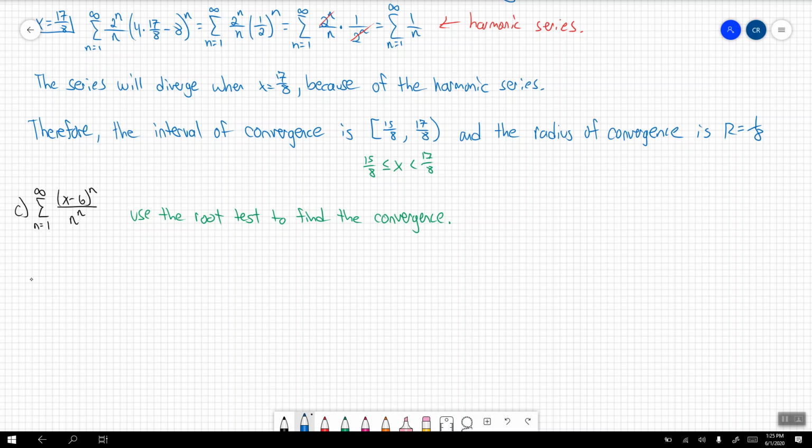So here we go. I'm going to have L. This is the limit as n tends to infinity of the nth root of the absolute value of this formula, which is (x minus 6) to the power of n divided by n to the power of n.